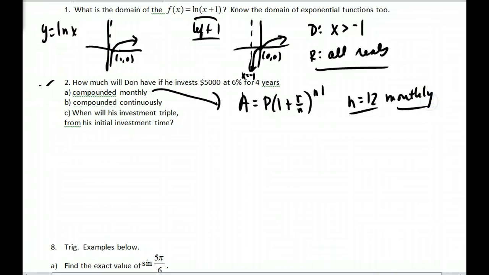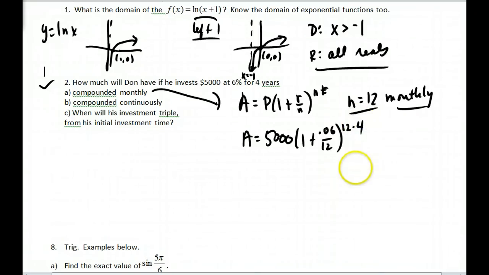N is based upon how many times you're going to compound over the course of the year. So this would be your principal, 5,000, times (1 plus your rate, which is 0.06, divided by 12), raised to the nt. So that would be 12 times 4.